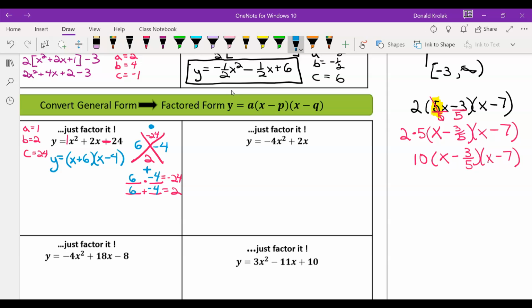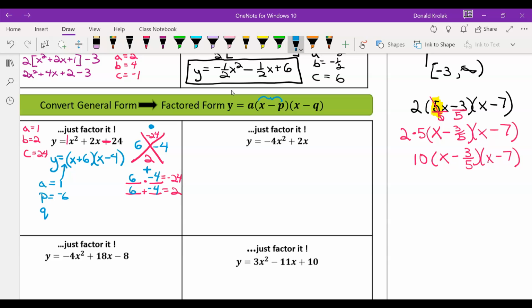Okay, so in this case, your A is right there. A's 1. P wouldn't be 6 because it has to be written as minus P. So P is actually negative 6.